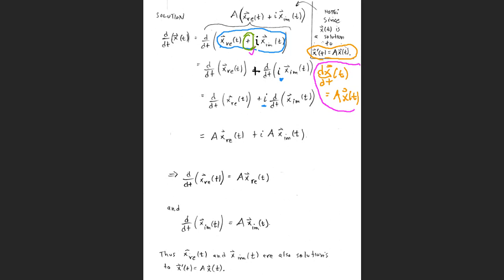Now, this here is reflected as A, so A times x of t would be A times the x real vector plus i times the x imaginary vector.